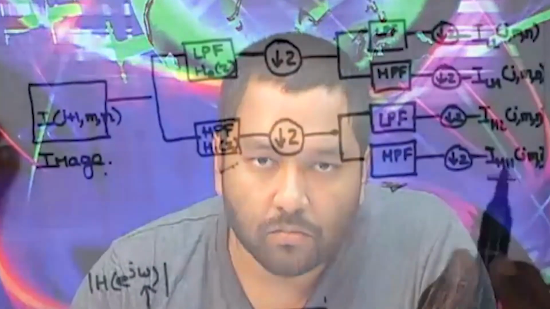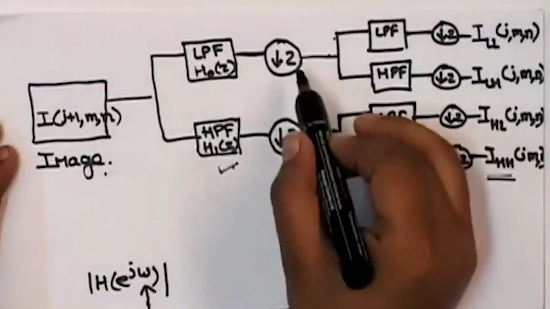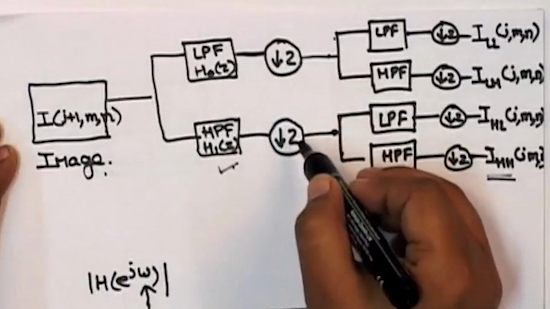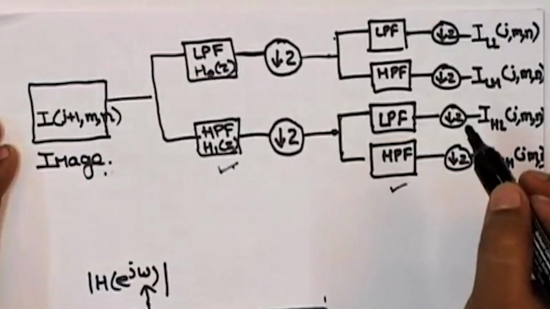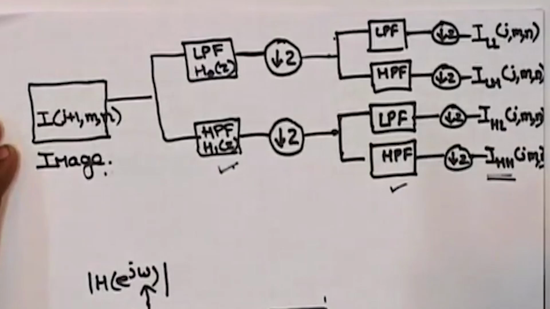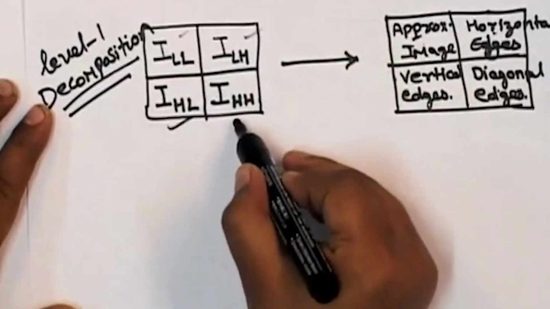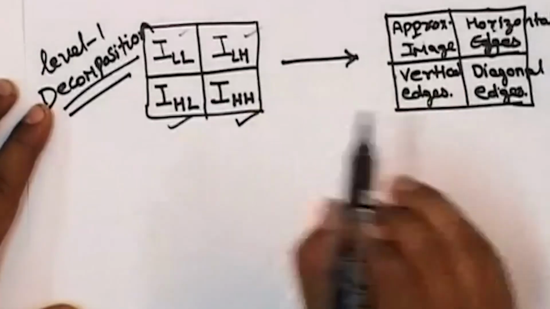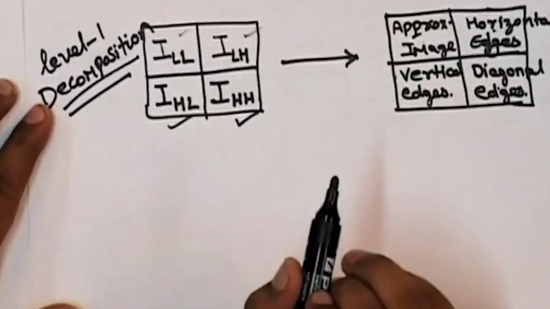Since we have done subsampling by a factor of 2 both along the rows and along the columns, in effect we have done subsampling by a factor of 4. Therefore, each of these subbands, that is the LL, LH, HL and HH subband, contains only 1/4 of the total number of samples in our original image.